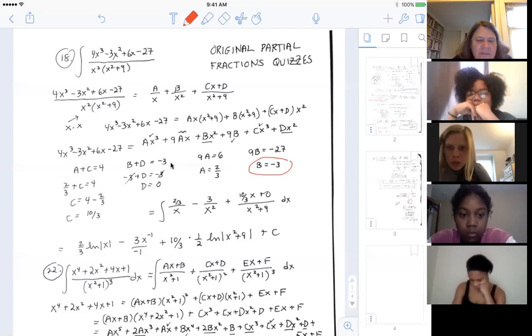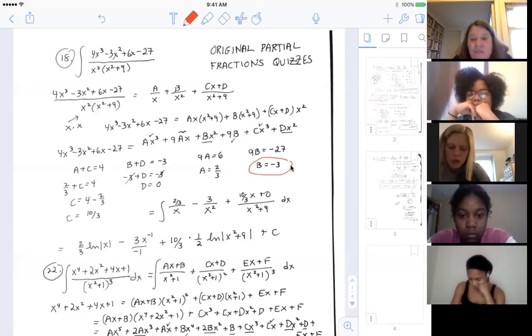So B plus D is minus 3. Now, the other one was the x term. There was only one of those. It was 9A. Right there's the x. 9A equals 6, so A was 2/3.